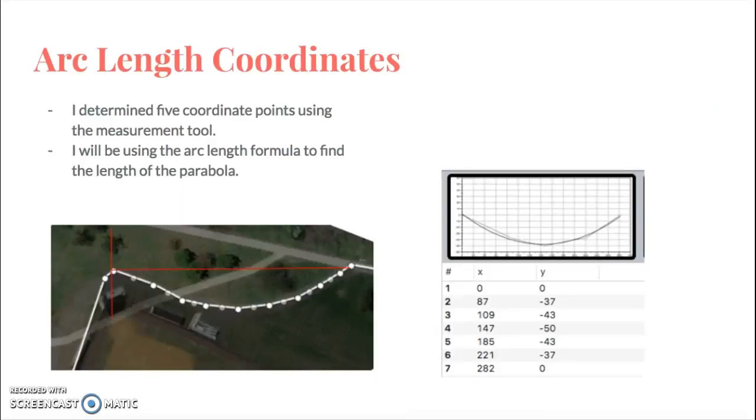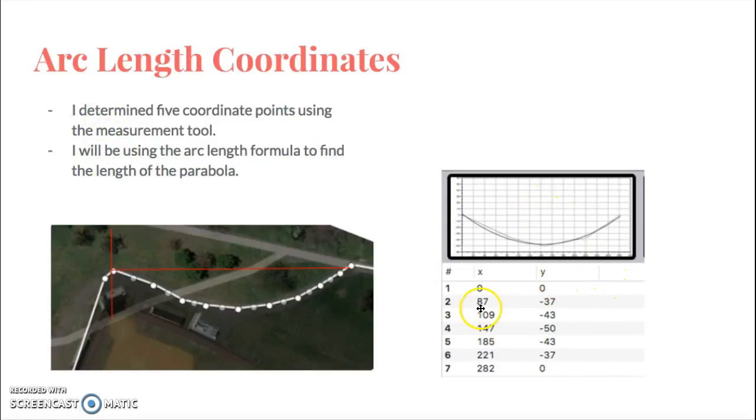So this is my arc, a little closer picture. I determined 5 coordinate points using the measurement tool on Google Maps, and then I'll be using the arc length formula to find the length of this parabola. So the coordinates that I found were, I set this to be 0, 0. So this is my XY coordinates right here.